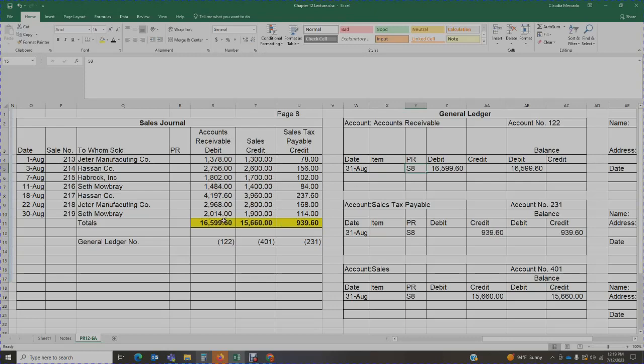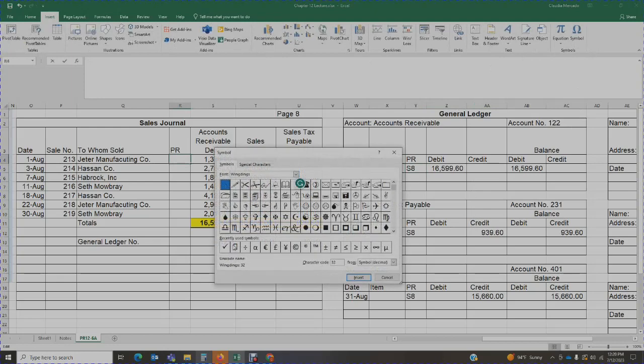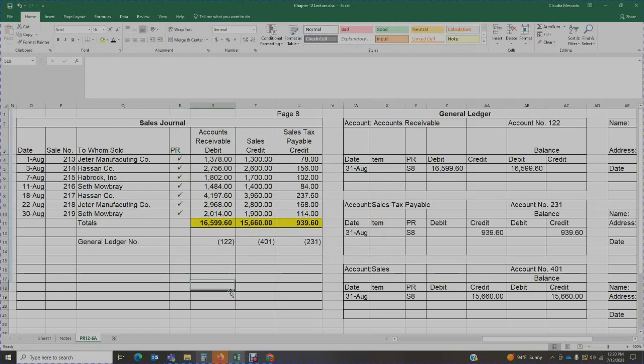Now that I've transferred my information from my sales journal to my general ledgers, I can go ahead and notate that I have transferred the information from my journal to my ledgers. So all we have to do is put the check mark.